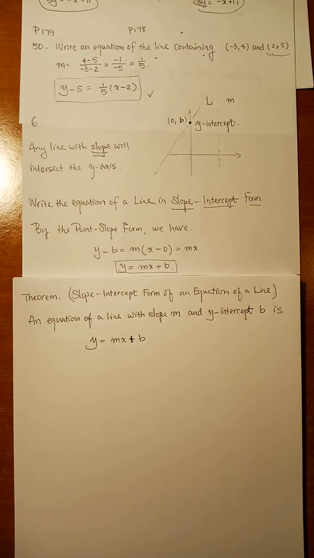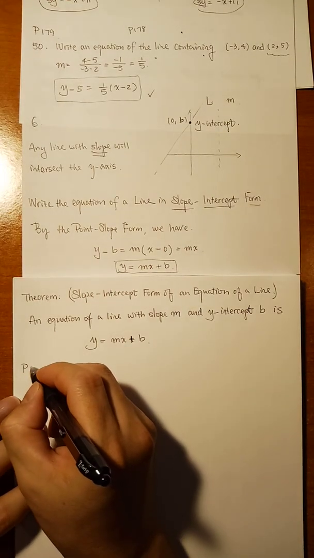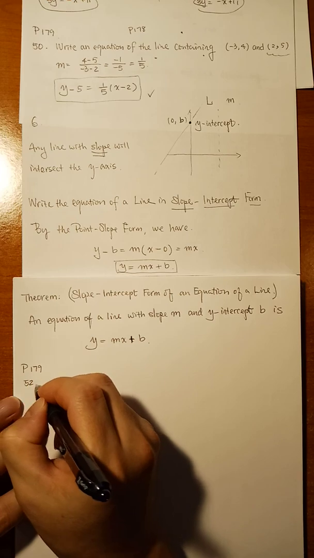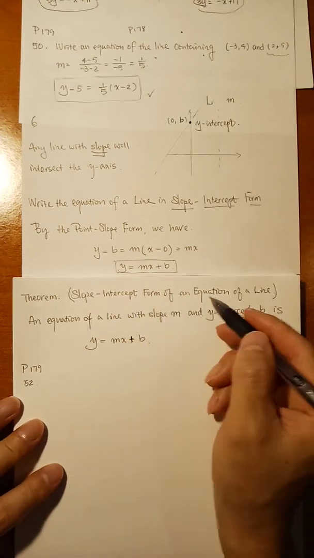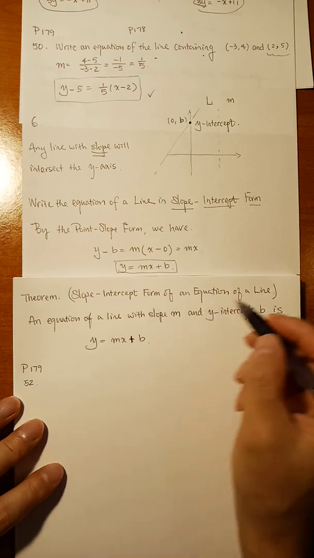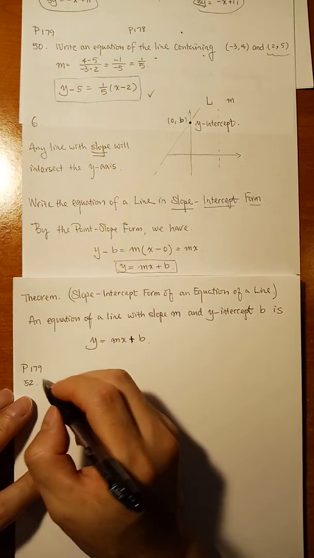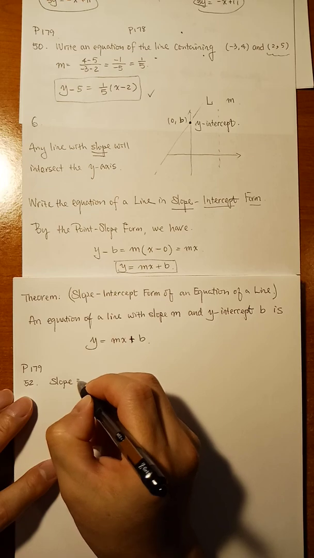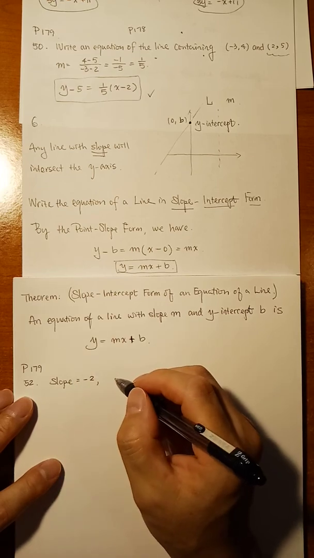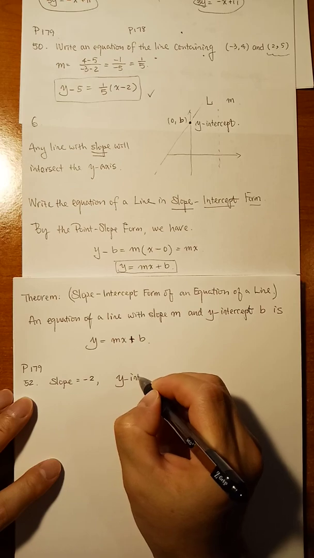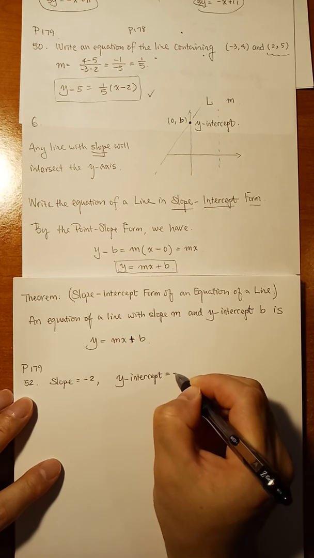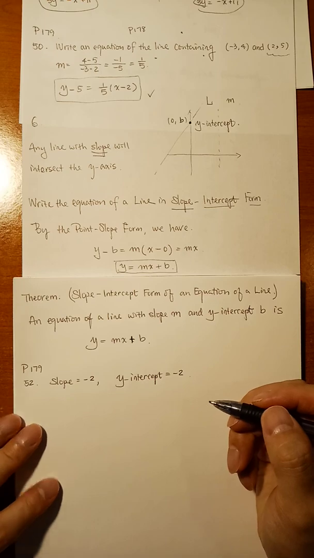Okay? So let's see an example. On page 179, problem 52, we're going to use the slope-intercept form to write the equation of a line. 52 says the slope is -2, the y-intercept is -2. Yes, both -2.